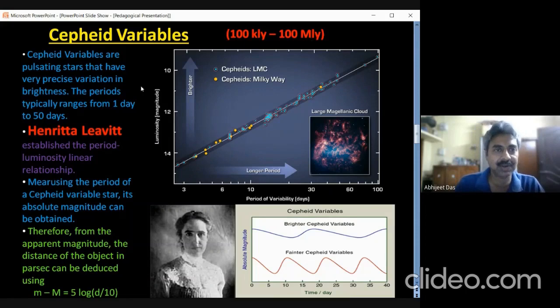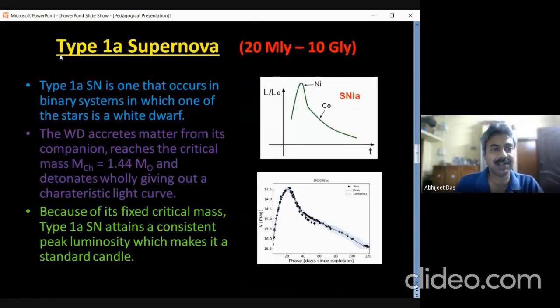The next standard candle that is used is the type 1a supernova. Supernovae are exploding stars, when stars end their life. A type 1a supernova is a particular type of supernova which occurs in binary systems in which one of the stars is a white dwarf.